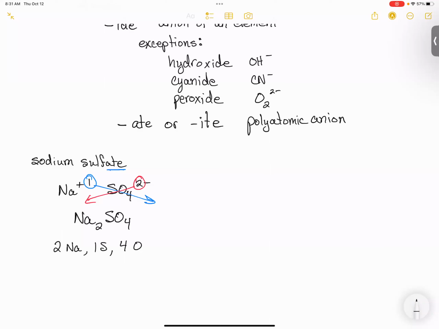Let's look at another example. Ruthenium(III) acetate.